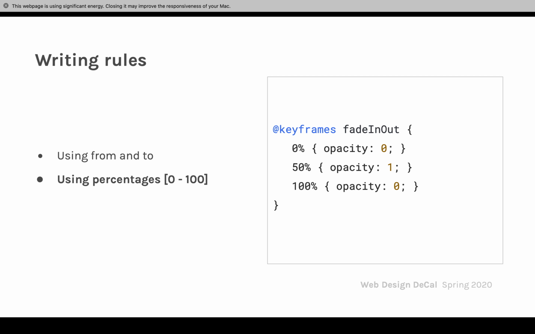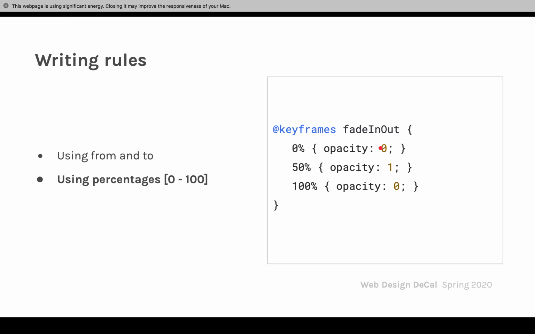But now what if we wanted to define multiple stages, not just the start and end state? Here's another way of defining rules or stages in your animations. In this example, we're using percentages: 0%, 50%, 100%. 0% and 100% work just the same as from and to, but the point of using numbers is that we can define stages in between. So now we have a midway stage, and we've changed this to fade-in-out.